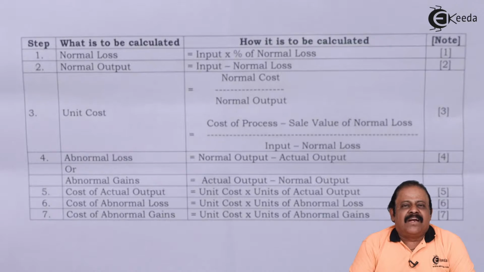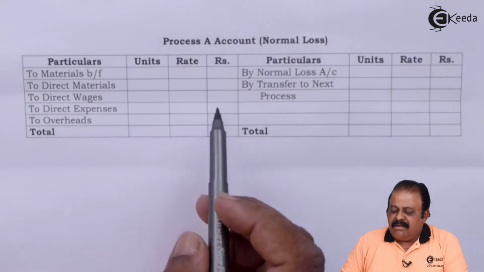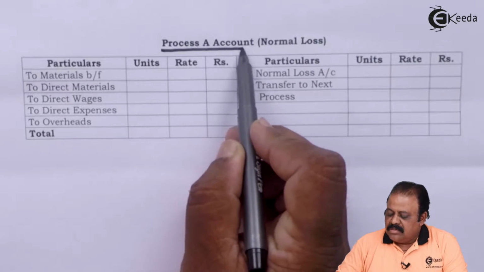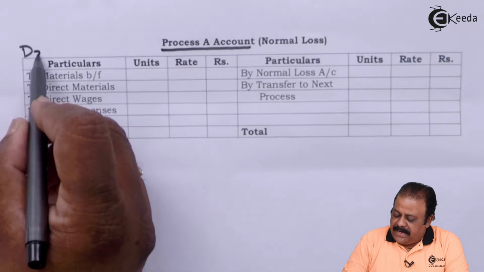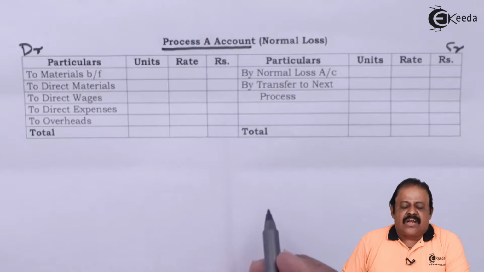These accounts are opened like the simple ledger accounts we open. Here on screen you can see that it is simply a ledger account called Process A account. Here it will have two sides, debit and credit, like for any ledger account.